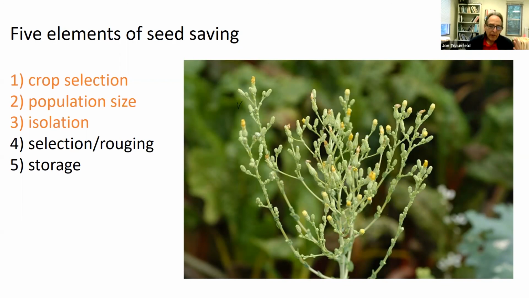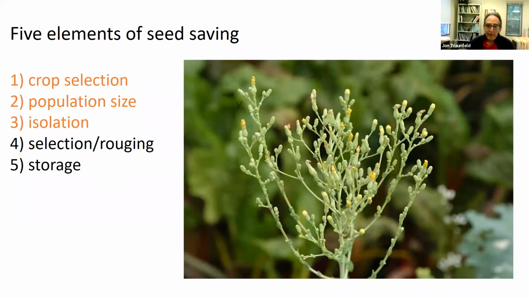Crop selection, we can make good decisions up front about which crops are going to be easiest to save seeds from, and we'll know what we need to do to be successful. The selection process, deciding what fruits to take off of which plants, that all involves our eyes and all our senses.